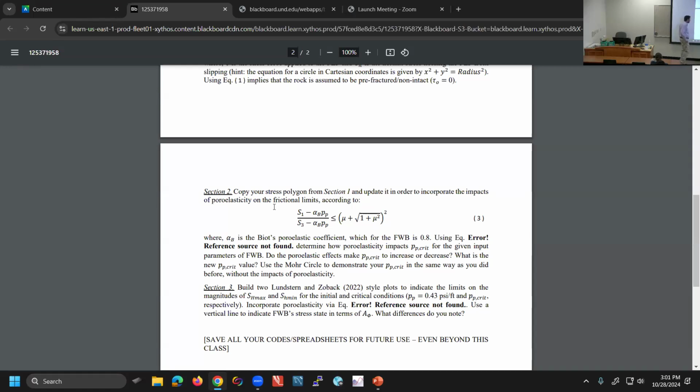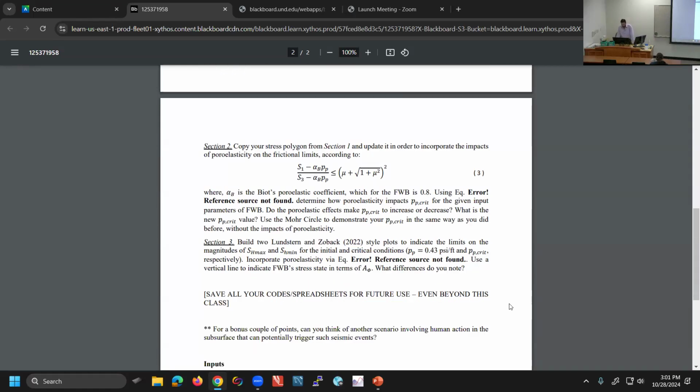And now section 3, build two Lundstern and Zoback 22 style plots to indicate the limits of the magnitudes of SH max and SH min for the initial and critical conditions, PP equals 0.43 PSI per foot and PP crit respectively.